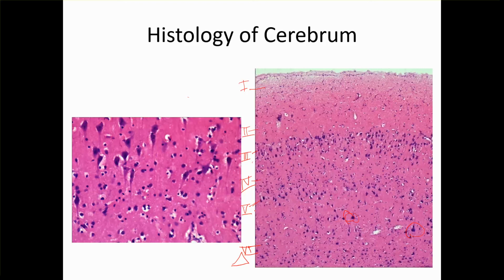The fifth layer is the internal pyramidal cells, which are also called Betz cells. It's very, very important. It's the beginning of your corticospinal tract or pyramidal tract. The word pyramidal starts from here because of the pyramidal cells.